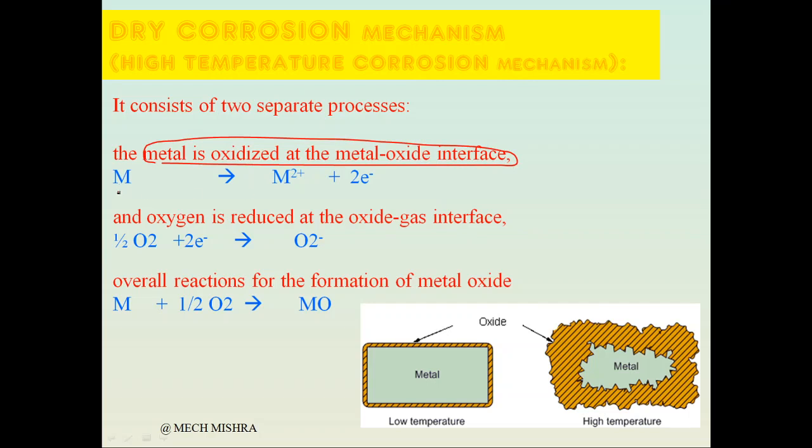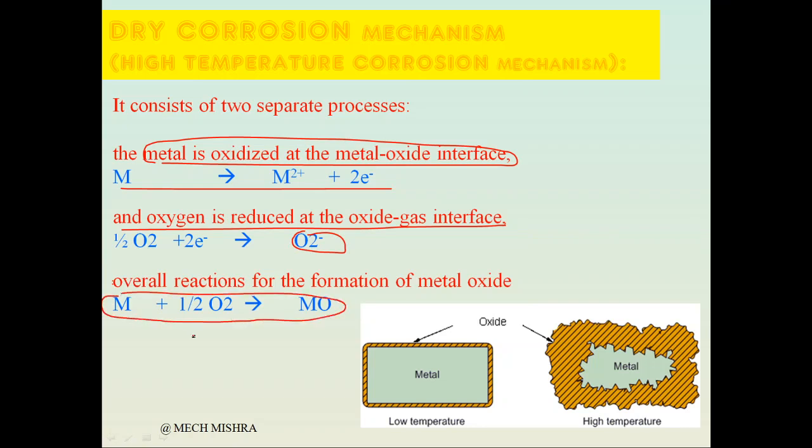In oxidation, the metal loses its 2 electrons and converts to M2+, and the oxygen present there, or any other gas present, will absorb the electrons, and oxygen gets reduced at the oxide-gas interface to form O2-. Adding both equations, the overall reaction is metal plus half oxygen gives metal oxide.